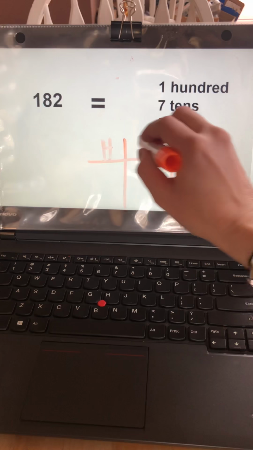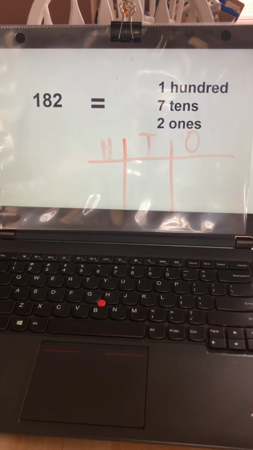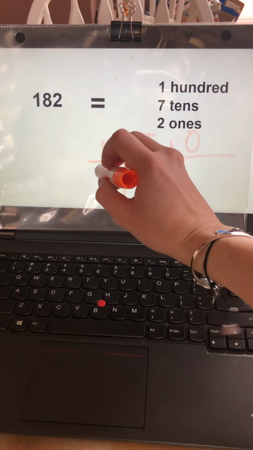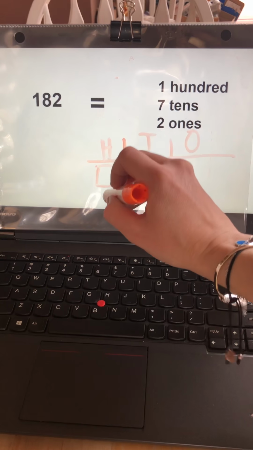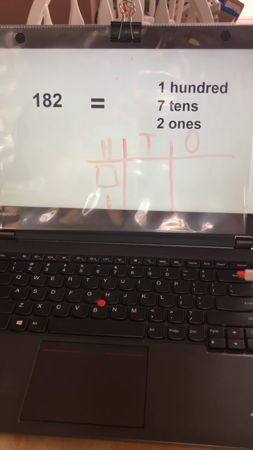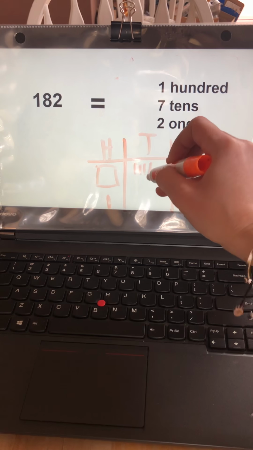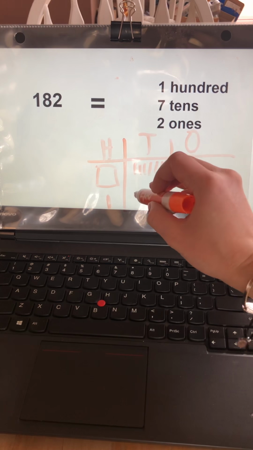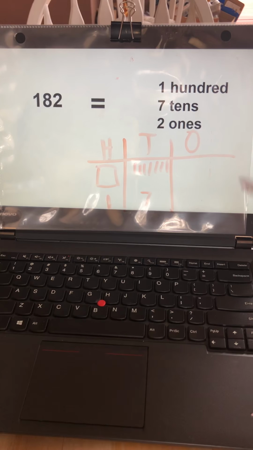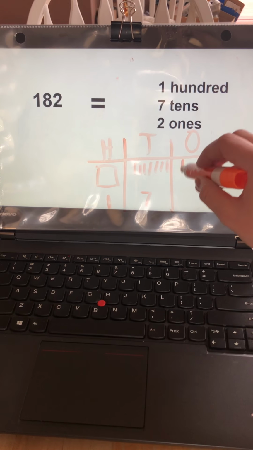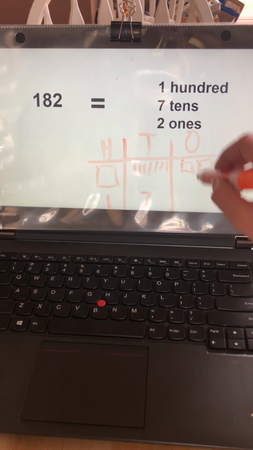Here's my table. Okay, how many hundreds do we have? 1. All right. How many tens? 7. 1, 2, 3, 4, 5, 6, 7. Okay. And how many ones? 2.